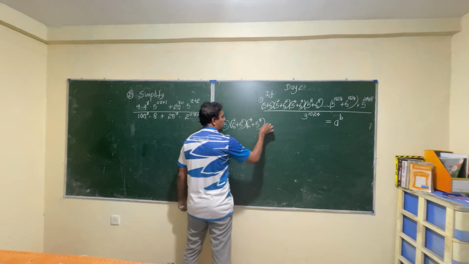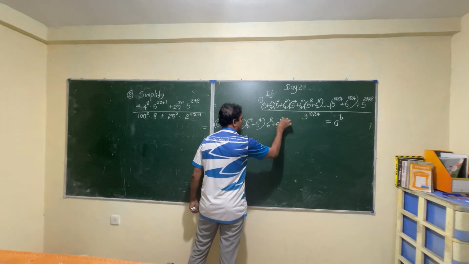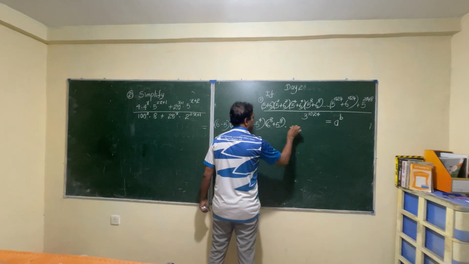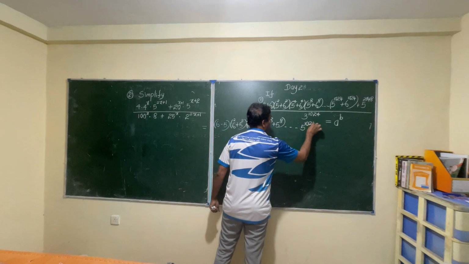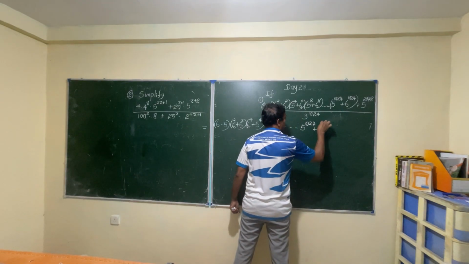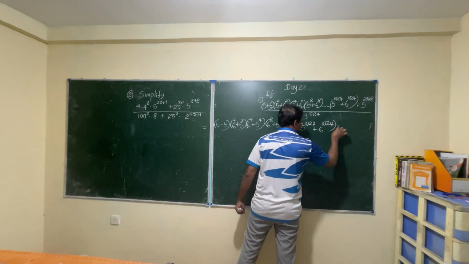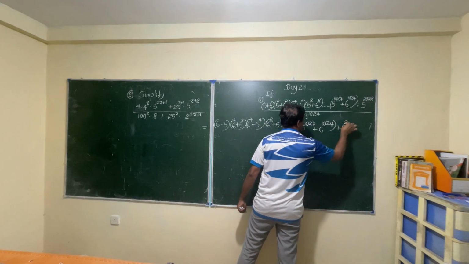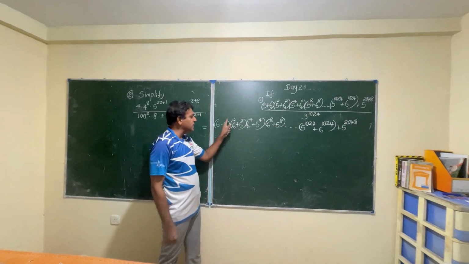The other one, 6 to the power 8 plus 5 to the power 8, okay? And so on, 5 to the power 1024 plus 6 to the power 1024, okay? And finally, plus 5 to the power 2048, right? This is the main trick in this question.